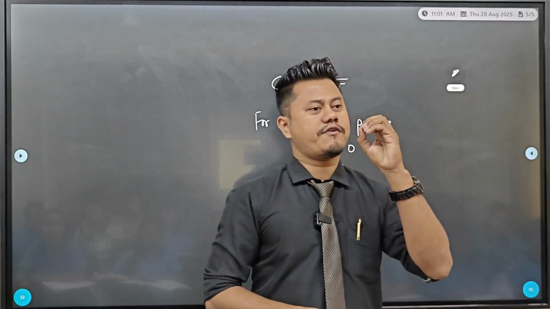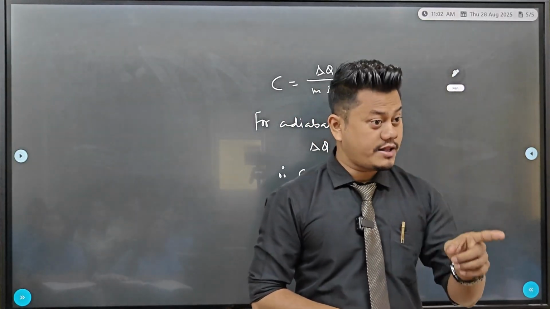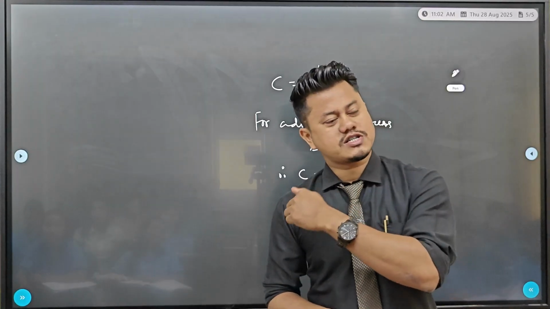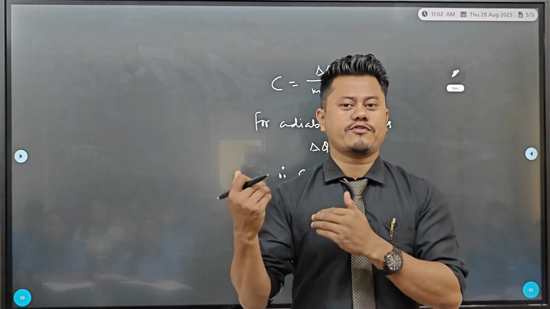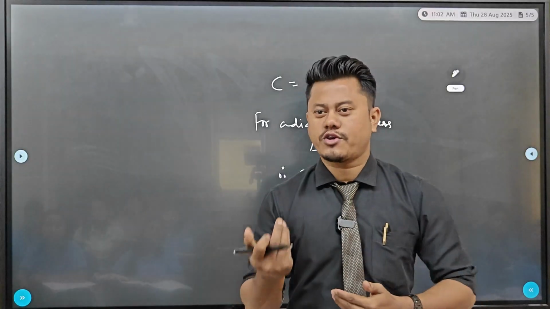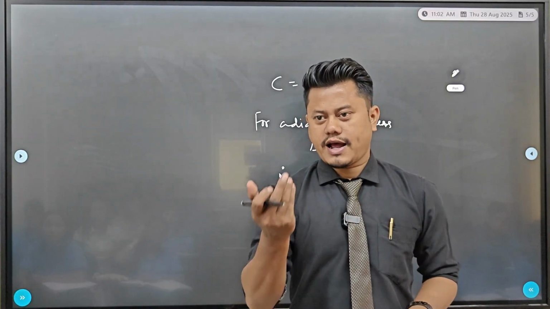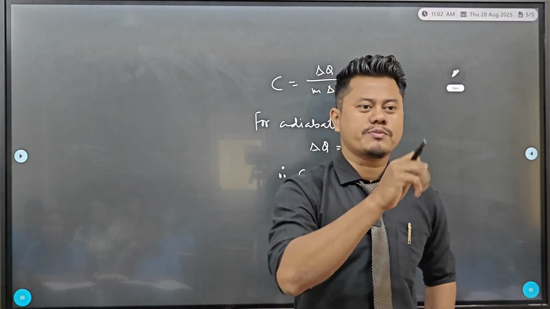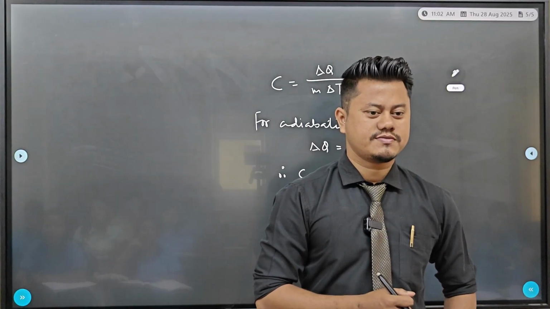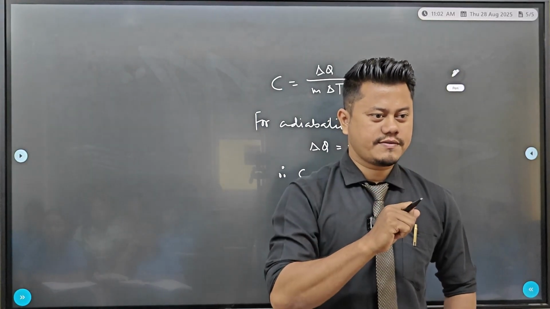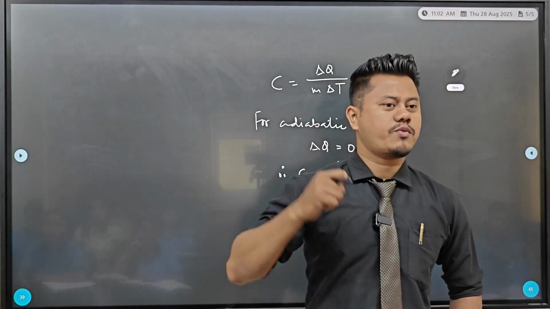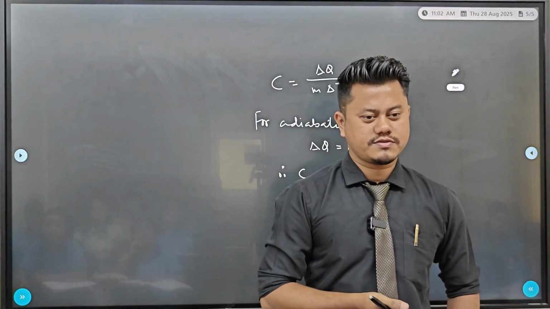The way I have calculated work done for the isothermal, same to same I am going to calculate for the adiabatic. Only I need to change the equation, that's all. In isothermal process, we use the isothermal equation, PV equal to constant. T was constant, right? Here I am going to use the adiabatic equation, PV to the power gamma equal to constant.